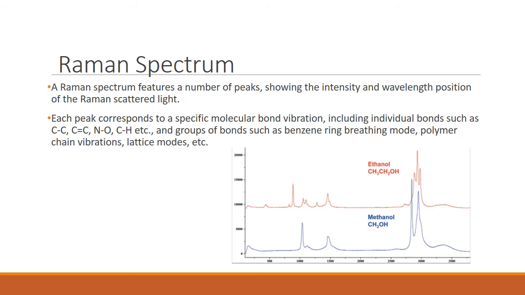Each peak corresponds to a specific molecular bond vibration, similar to the previous case, including individual bonds such as carbon-carbon or carbon-carbon double bond, carbon-oxygen, carbon-hydrogen, etc. A number of different functional groups can be defined based on the peaks. So from the peaks, the intensity and the wavelength, you can understand the corresponding chemical composition.